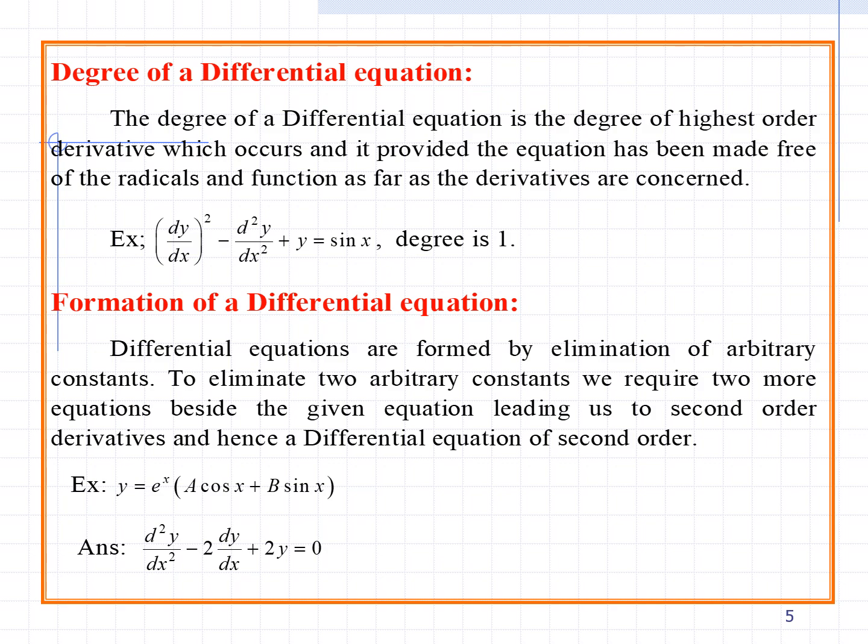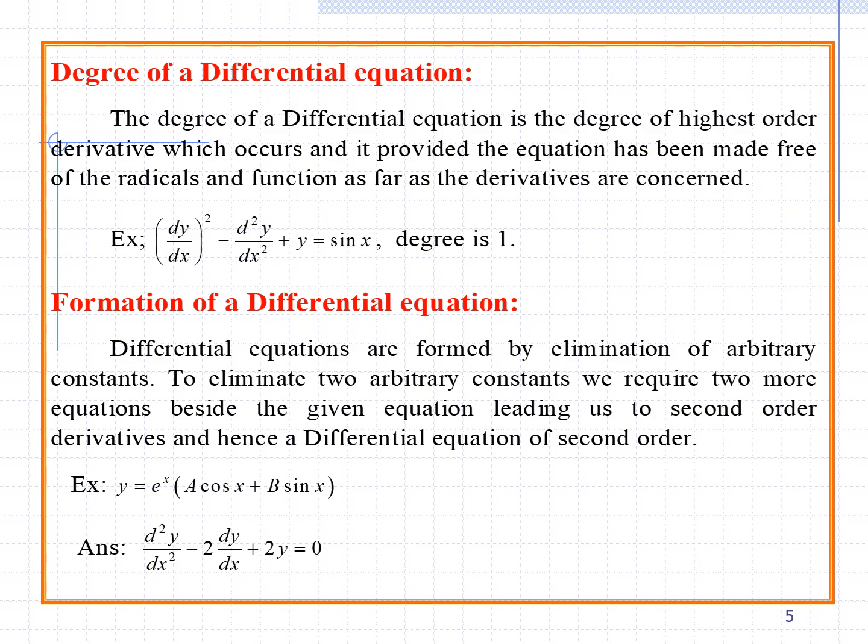The next topic is formation of a differential equation. How can we form a differential equation? Differential equations are formed by elimination of arbitrary constants. To eliminate two arbitrary constants, we require two more equations besides the given equation, leading us to second order derivatives and hence a differential equation of second order.